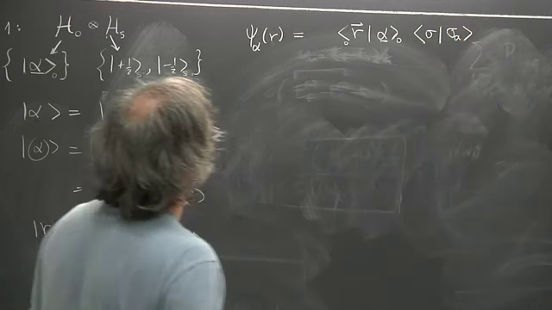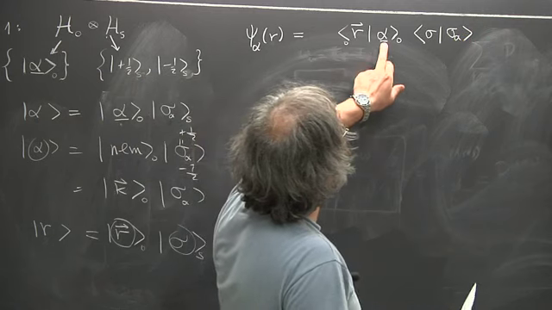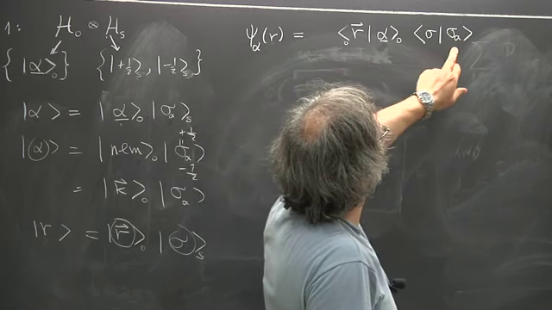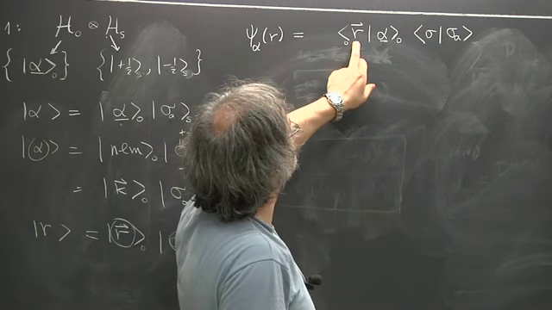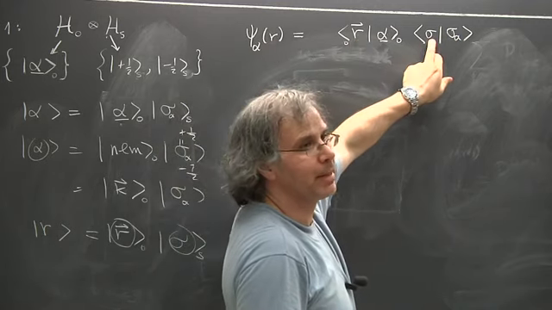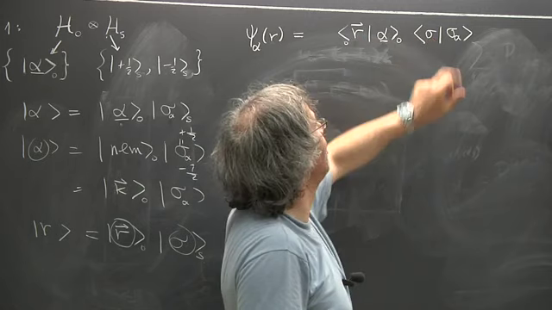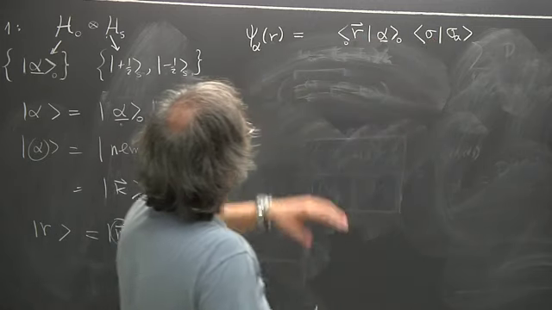So alpha has a certain orbital part, alpha underline, and a certain sigma alpha, and r as well has a certain position r and a certain spin part. So this is the wave function.